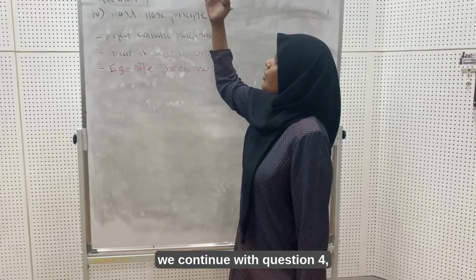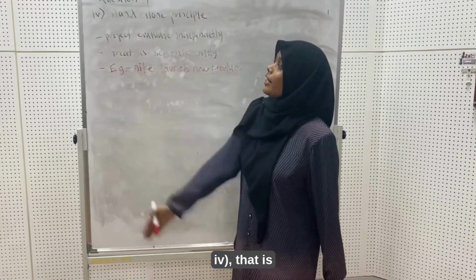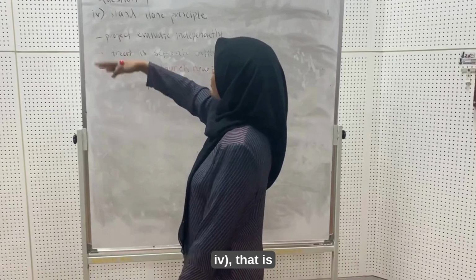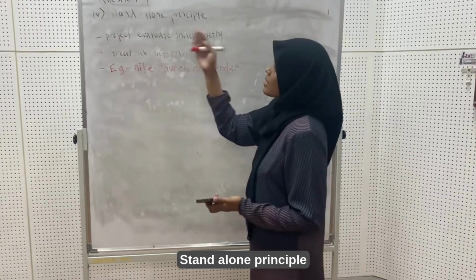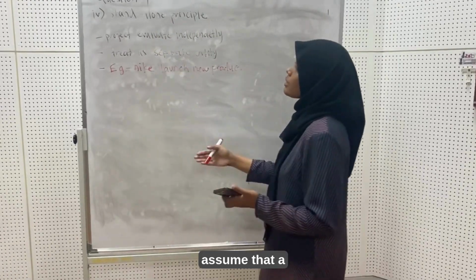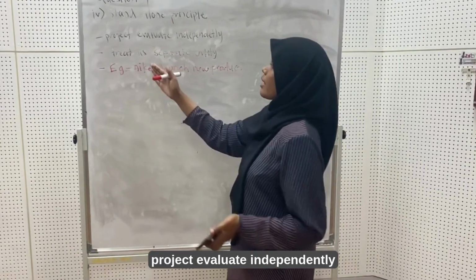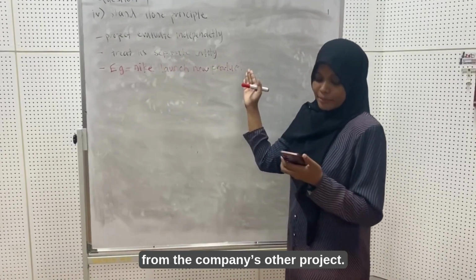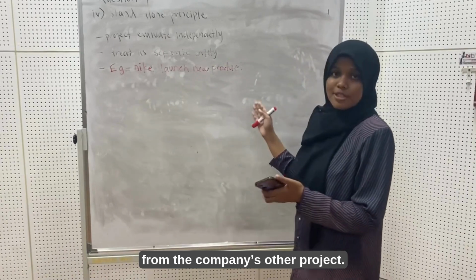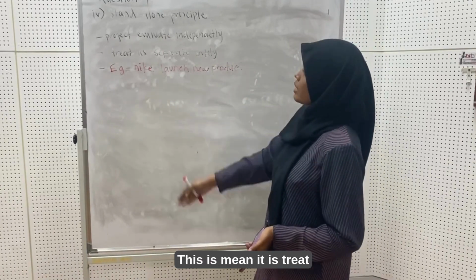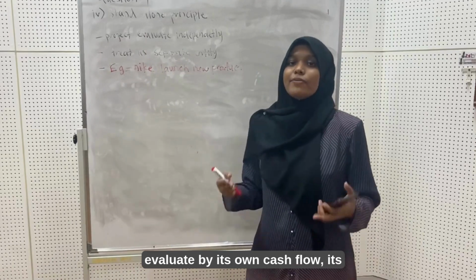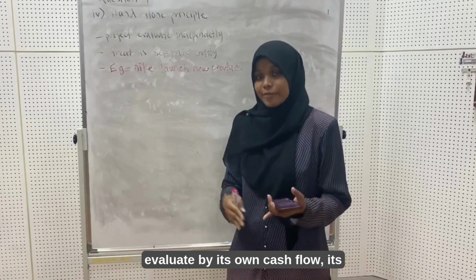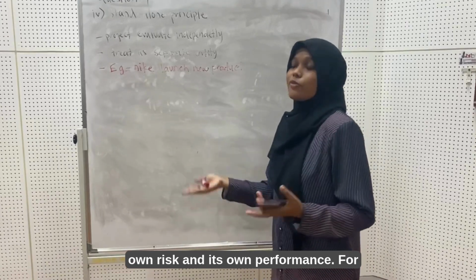We continue with question 4, Roman 4, that is to define the stand-alone principle. The stand-alone principle assumes that a project is evaluated independently from the company's other projects. This means it is treated as a separate entity and evaluated by its own cash flow, its own risk, and its own performance.